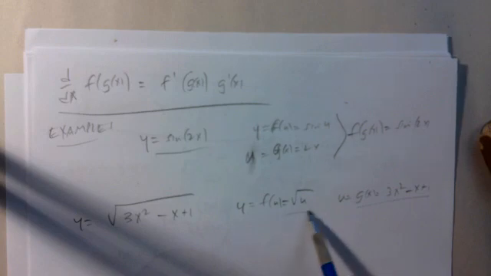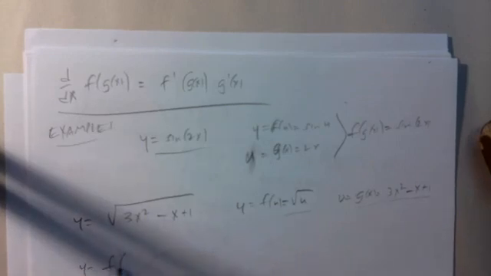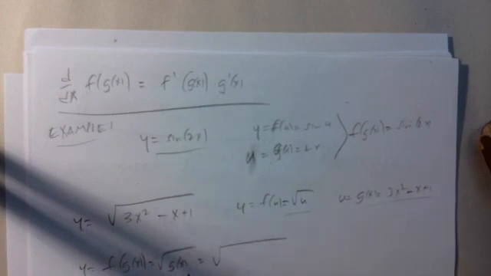This is easy to differentiate. This looks complicated. But when you disentangle it in this way, we have y is f of g of x. That's the square root of g of x. That's the square root of 3x squared minus x plus 1.